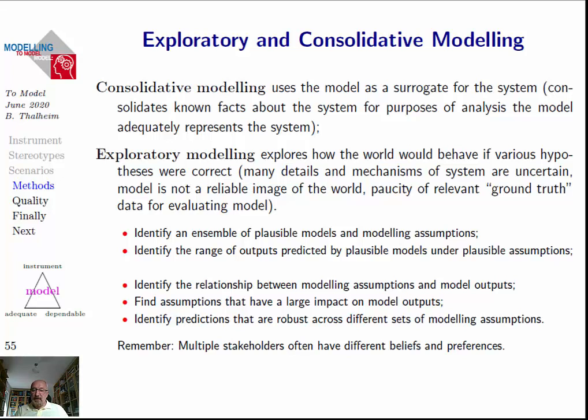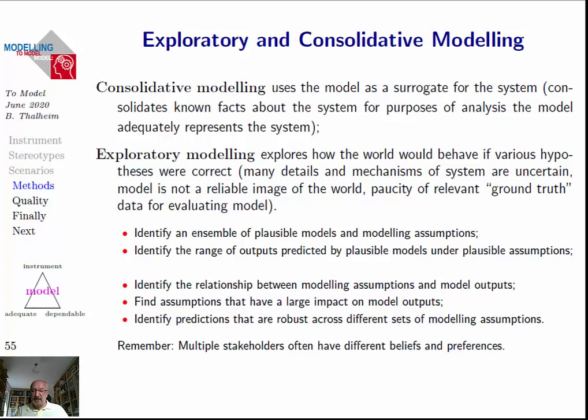Consolidative modeling is nothing else than using a model as a surrogate for a system. So you can use a model instead of a part of the system, and the model behaves as you would like to have the system behave. In a different way, you can use exploratory modeling that explores the world depending on which of the hypotheses is correct.